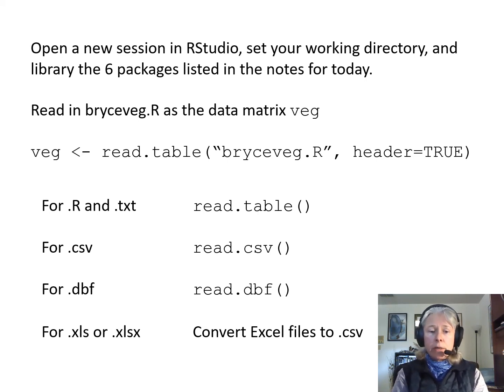If your data are in an Excel format, as a .xls or .xlsx, then I advise you to convert them to a CSV file. Just do a save as and save it as a CSV file in Excel. This will save you some hassles potentially later on.